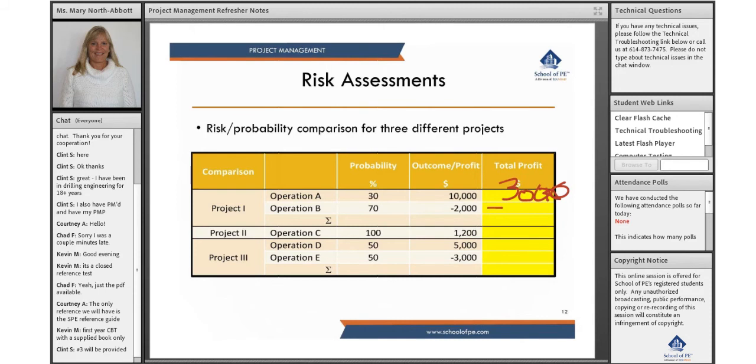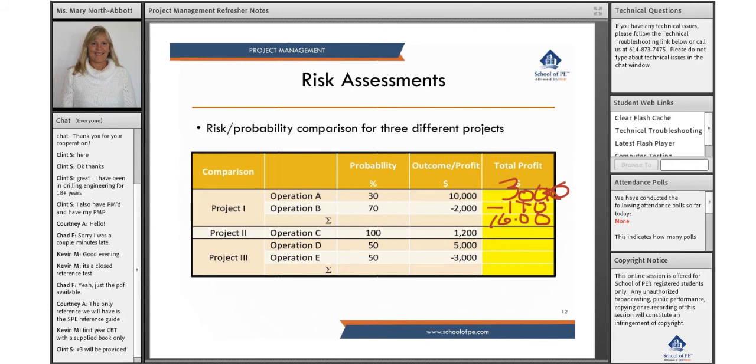So we have negative 1,400. Then you can put those together: 3,000 minus 1,400, and basically you would have a positive 1,600.